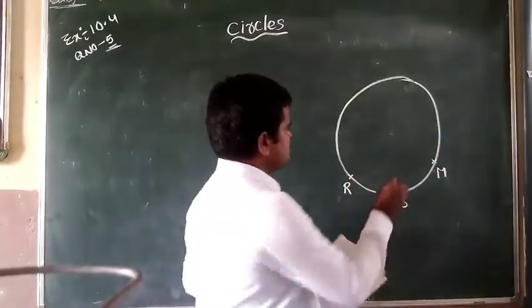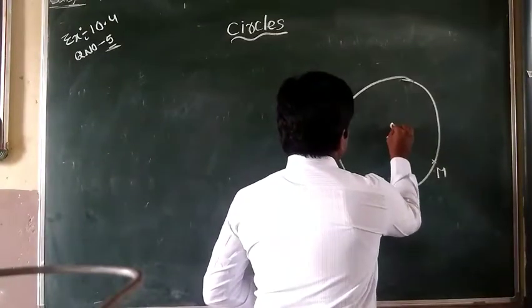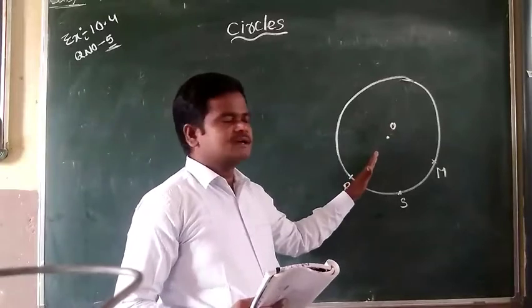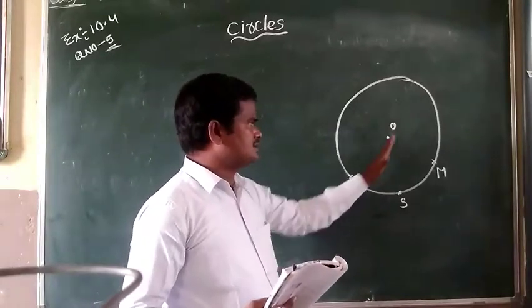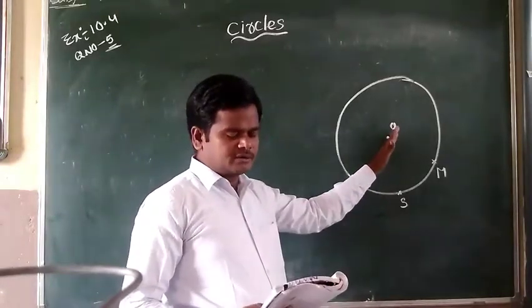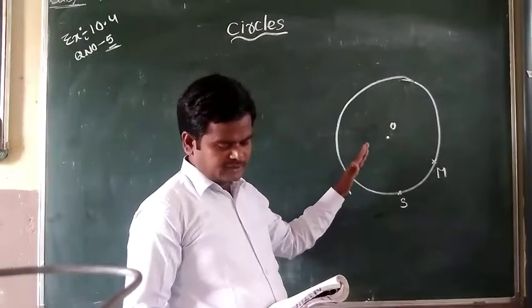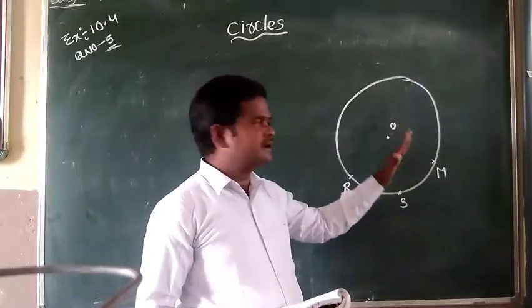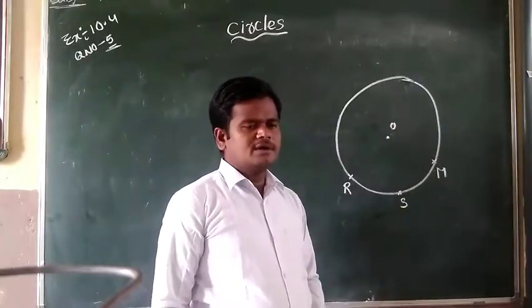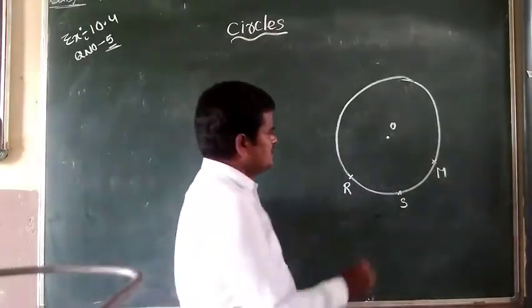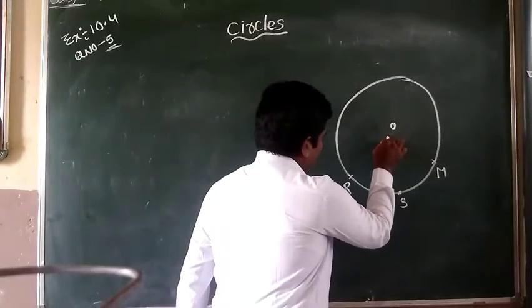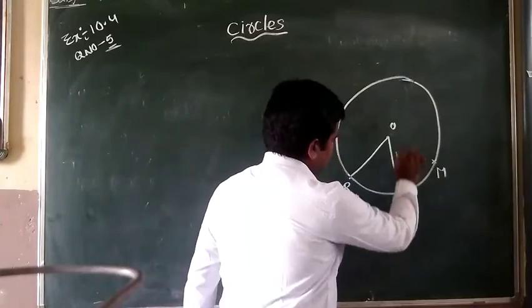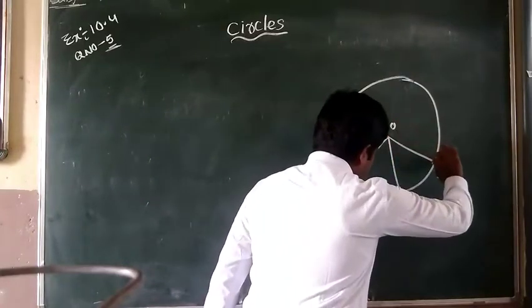Here O is the center of the circle. OR is the radius, OR equal to 5 meter, OS equal to 5 meter, and OM also 5 meter.